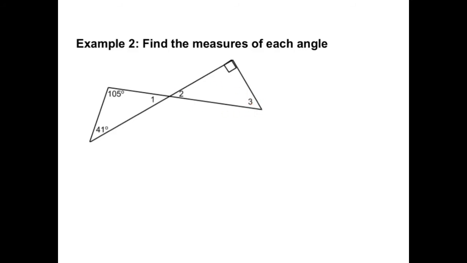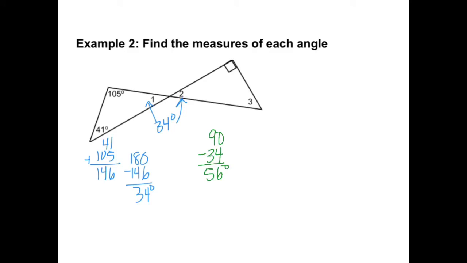So that's exactly what I'm going to do. So I found angle 1 and angle 2 to be 34 degrees. I added 105 plus 41 together, subtracted that sum from 180 to get 34 degrees for angle 1. Vertical angles tell me that angle 2 is also 34 degrees, and now I'm going to take 90 and subtract 34 to get angle 3, which is 56 degrees.